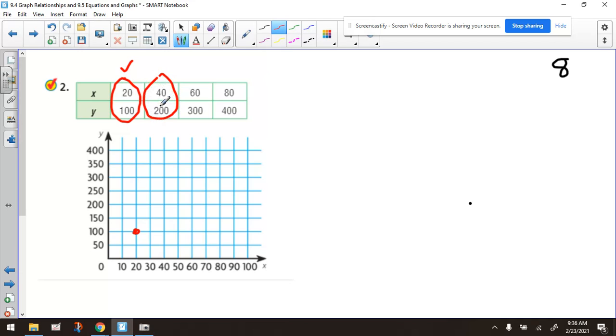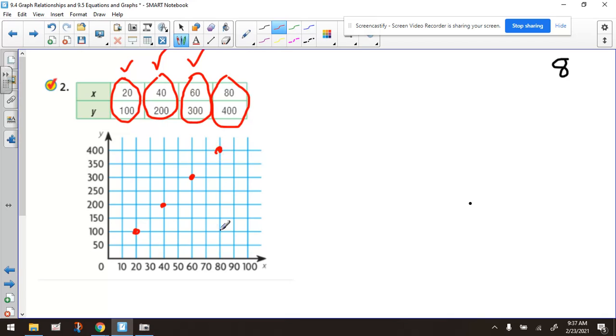Over 40, up 200. Over 40, up 200 would be, oops, went too far, right here. All right, so that's done. Let's do the next ordered pair. Over 60, up 300. Over 60, up 300, right here. That's done. And now for the last ordered pair, over 80, up 400 would be here.